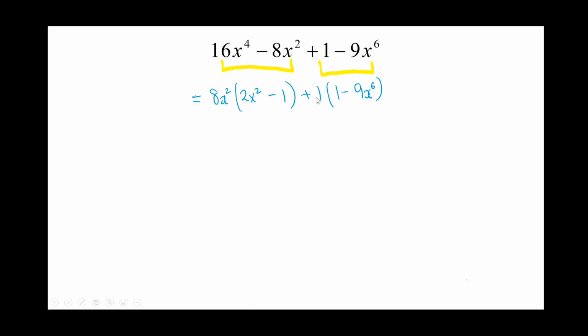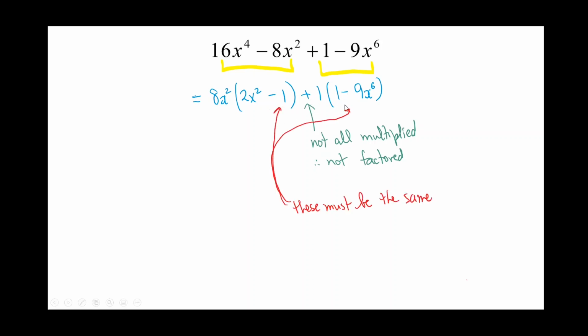So plus what? Plus 1. And then keep that the same. These brackets are not identical, so we can't proceed. And we can't just stop here because it's not factored, because this plus sign indicates that it's not all multiplied yet. Because we were stuck because of these brackets, we want to regroup now.